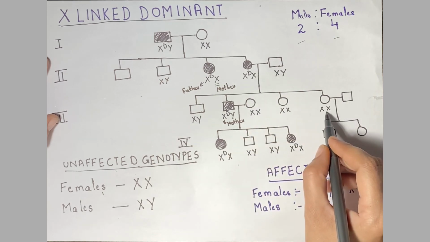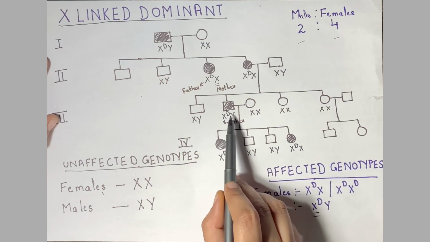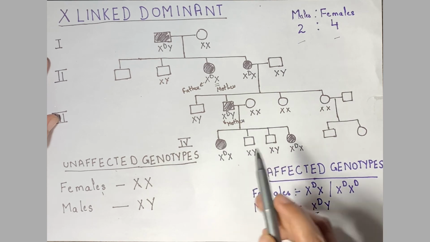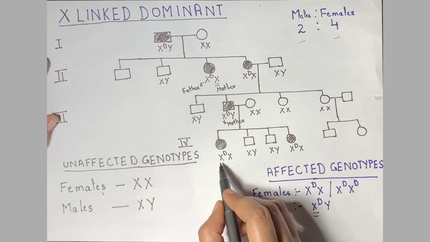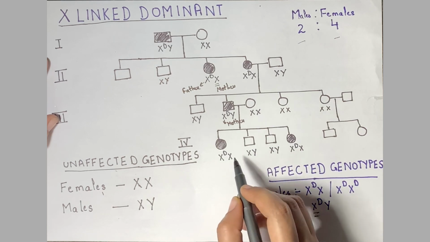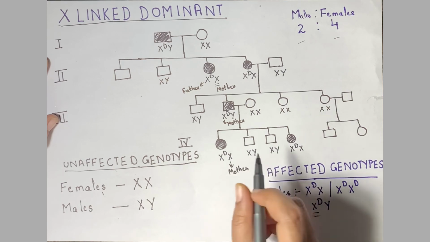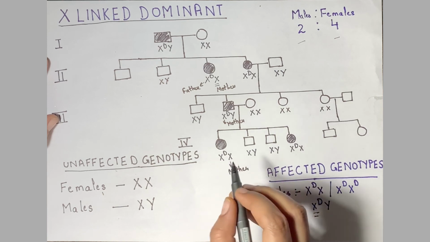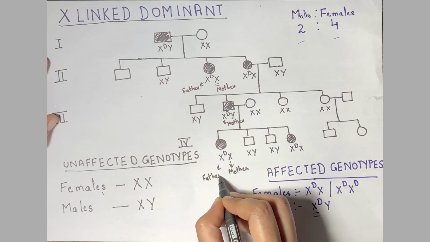In this case, an affected father marries a normal female. Both his daughters are affected. This is due to the fact that the daughters inherited one normal X chromosome from the mother, while the other X chromosome with the disease allele came from the father.